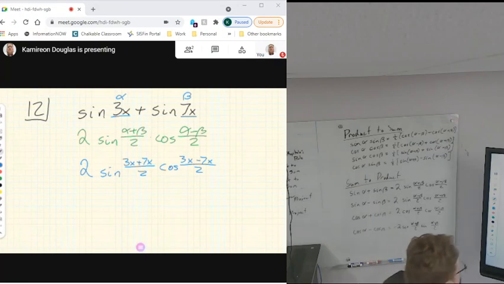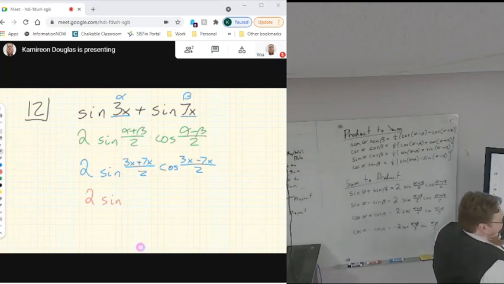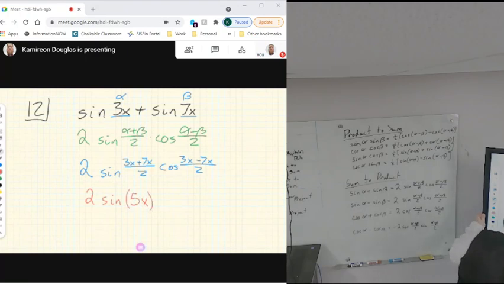All right, let's do this. So I now have 2 sine of 3x plus 7x, that would give us 10x, divided by 2 would give us 5x, times cosine of 3x minus 7x, which would give us negative 4x, divided by 2 would give us negative 2x.